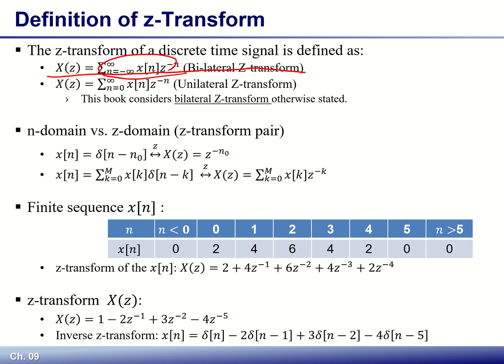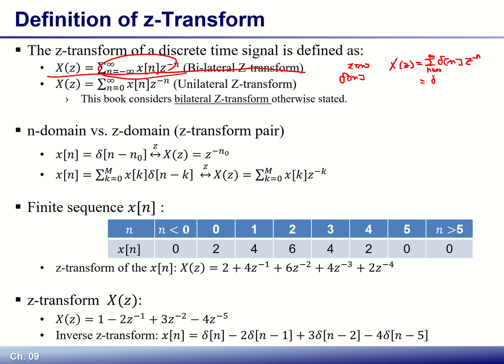Consider the time domain and the Z domain, the simplest one, x[n] equal to delta[n]. Then X(z) will be the sum over n from minus infinity to infinity of delta[n] z to the minus n. When n is 0, it will be 1. The others will be 0.